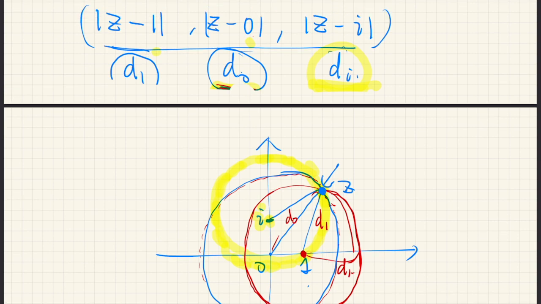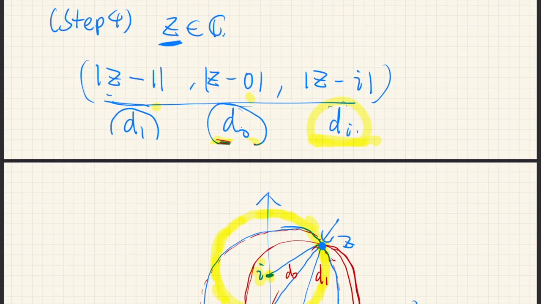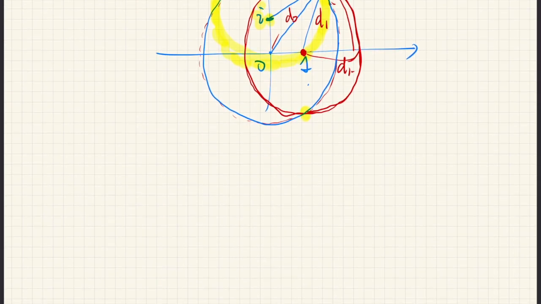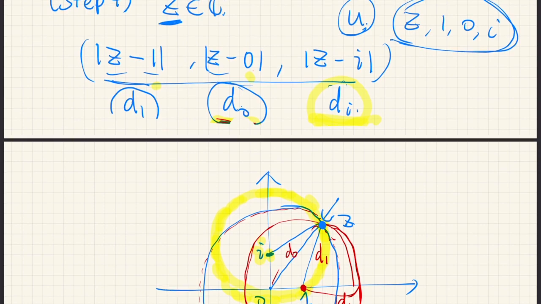Now, consider multiplying these points, z, 1, 0, I, all by u. Then what would happen? We have uz, and u times 1 is u, and u times 0 is 0, and u times I is ui. And then consider the distances corresponding to this.